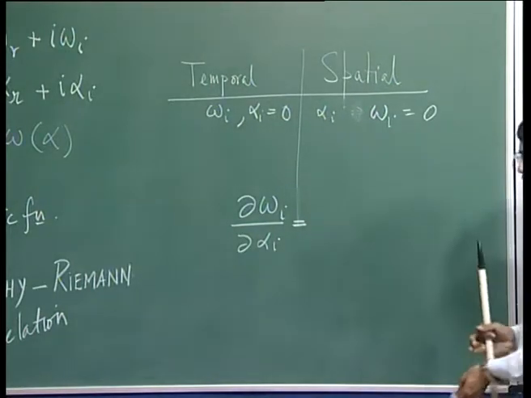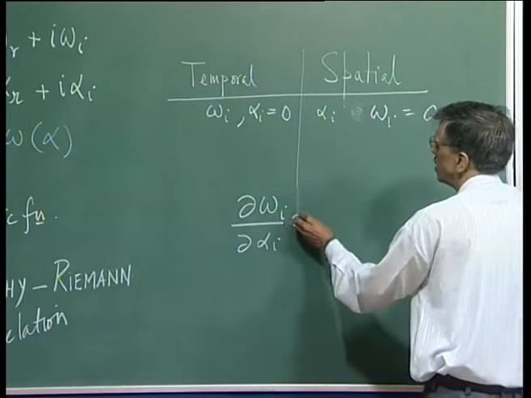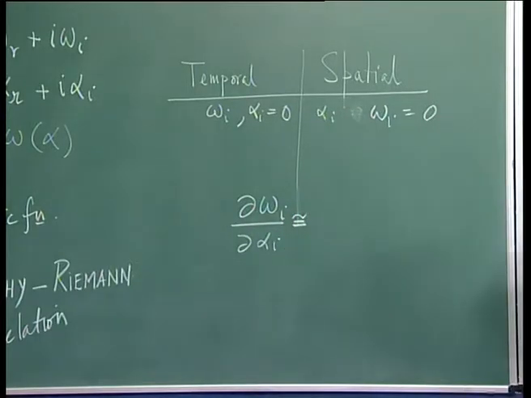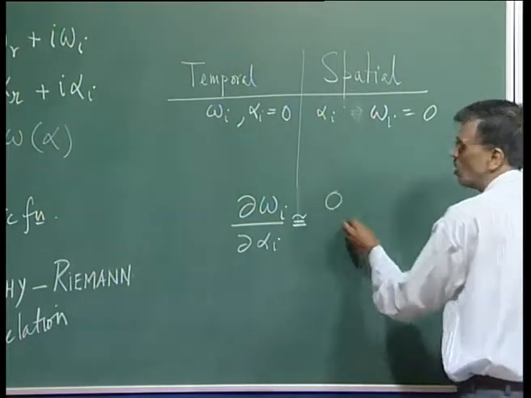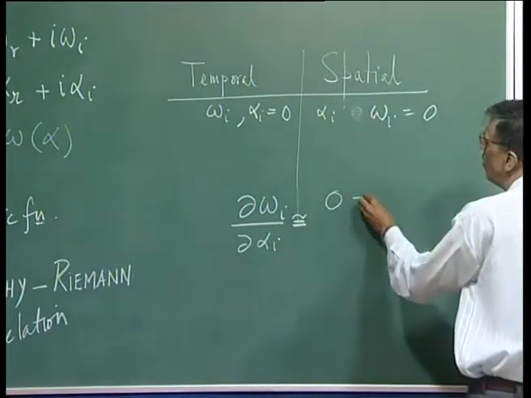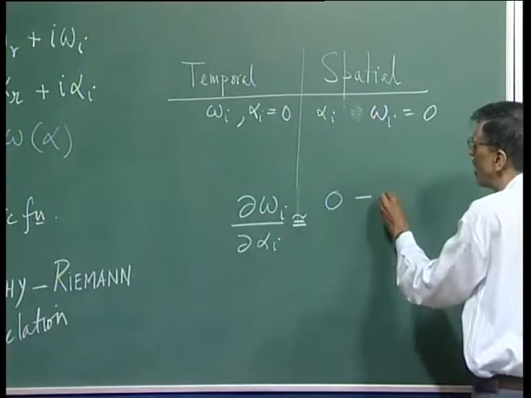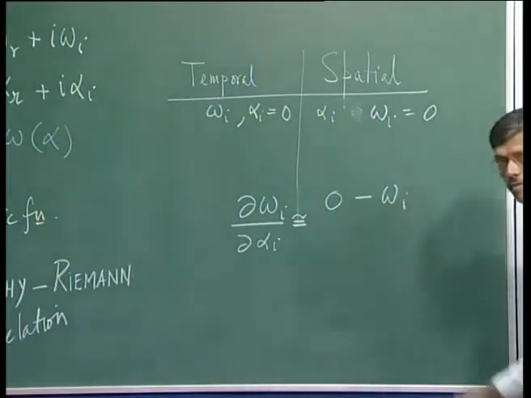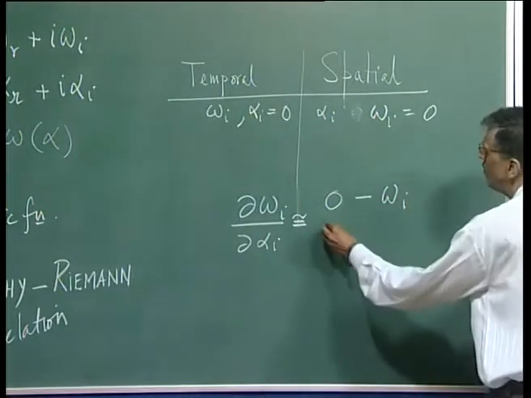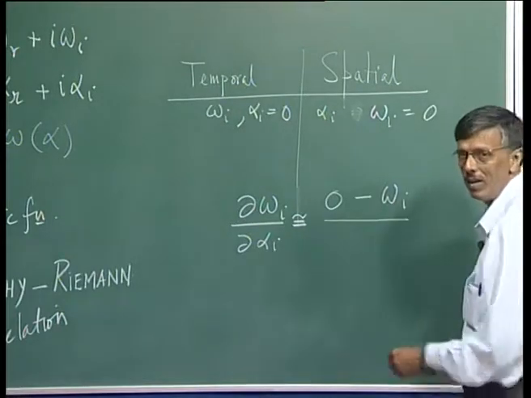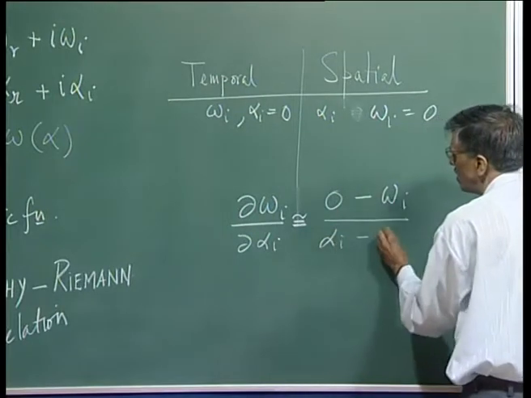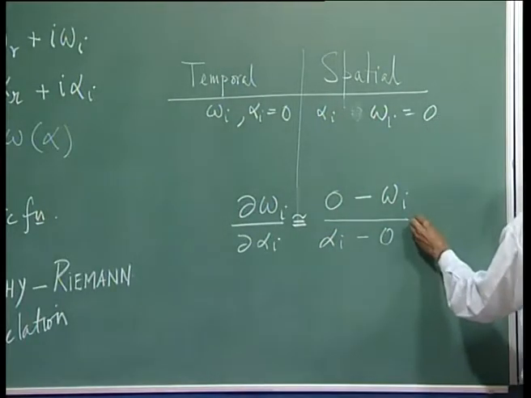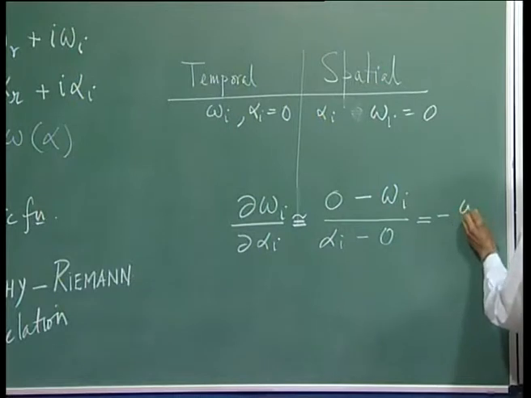So, if I look at it and if I can try to write it approximately. So, what is omega final? Omega final is 0. What is omega I initial? Is the omega I itself, right. And then I have the final is alpha I, initial is 0. So, what I get? This is nothing but omega I by alpha I.